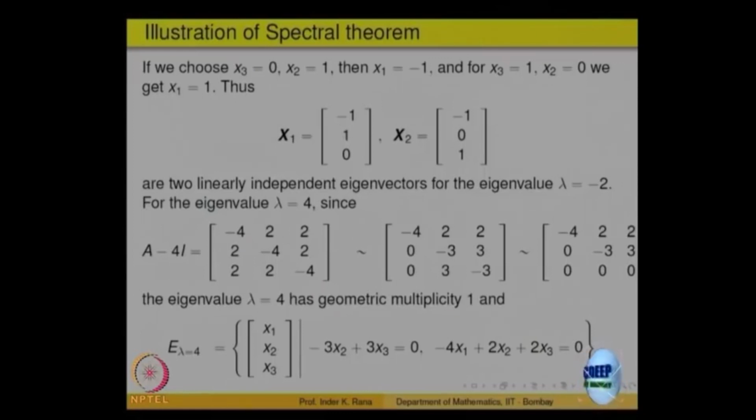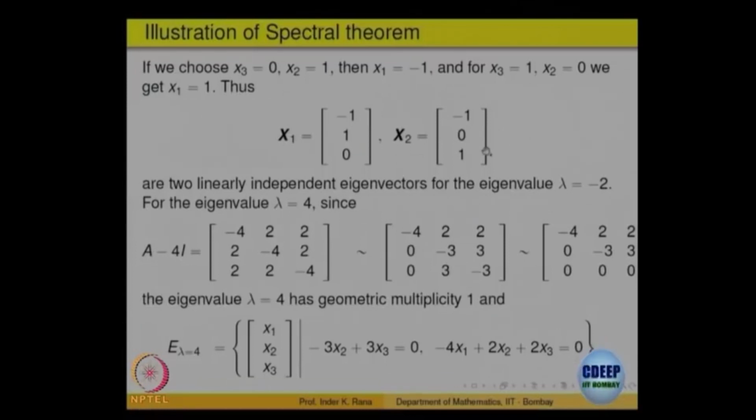You compute accordingly the other component, that is minus 1 and minus 1. So, these are the 2 eigenvectors corresponding to the eigenvalue lambda equal to minus 2, and these are linearly independent by our choice of x2 and x3.